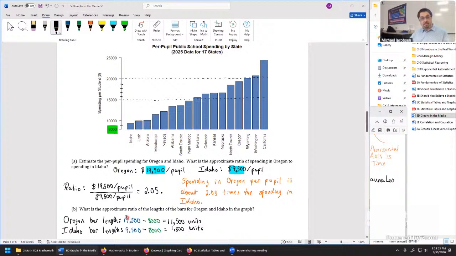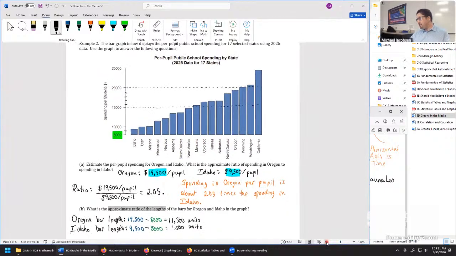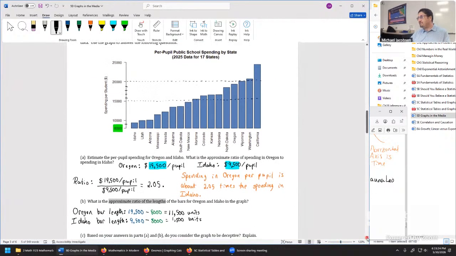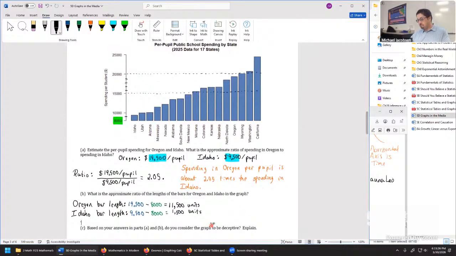And now we can find the approximate ratio, this time not of spending, that was 2.05, but of the lengths themselves. So let me see if I can zoom out just a touch here. So the ratio of lengths, again, the order is the same. It would be a confusing question if we switch the order.